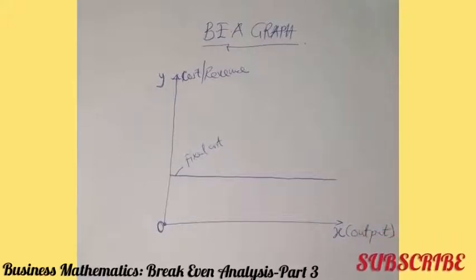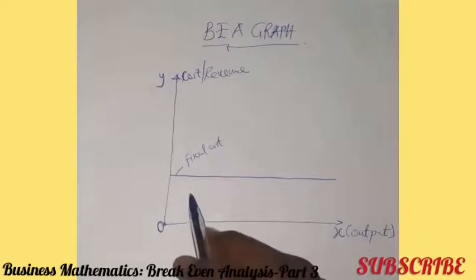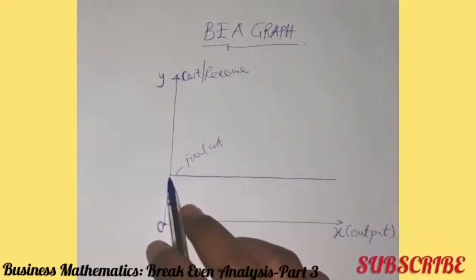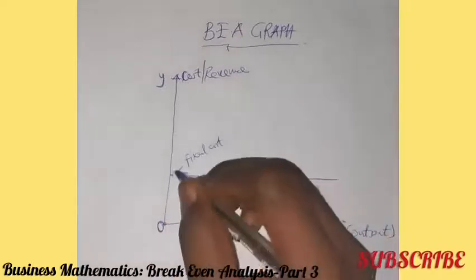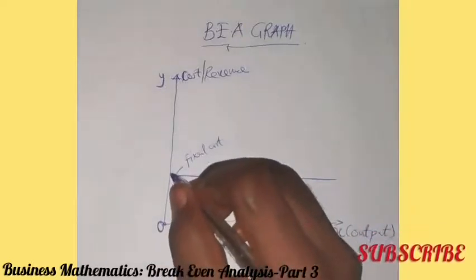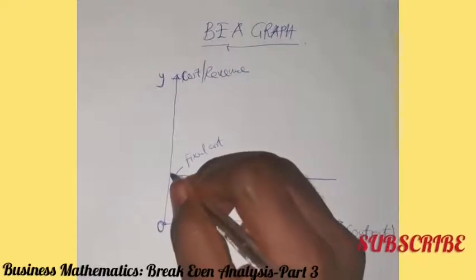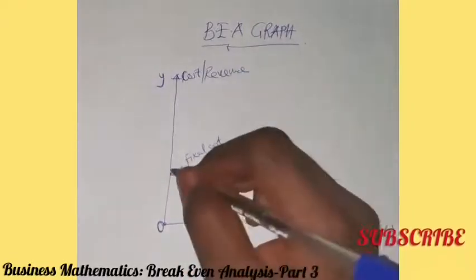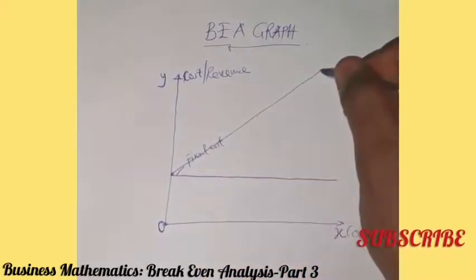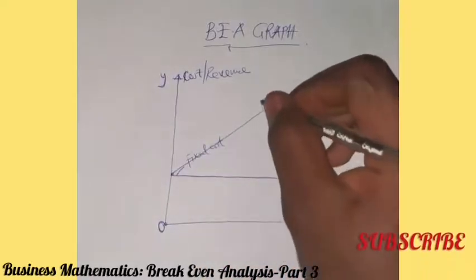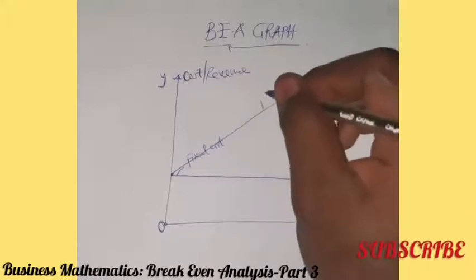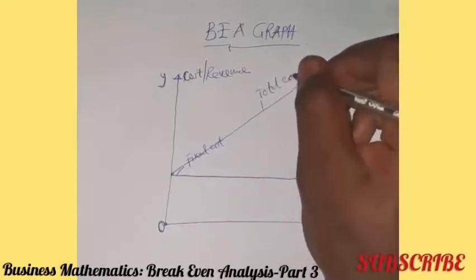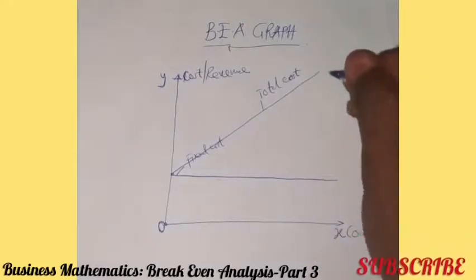All right, then from the fixed cost point, where the fixed cost meets your vertical line, the cost or revenue line, there's also another line drawn from this point. It moves in a forward diagonal form like this, and we call this line the total cost.